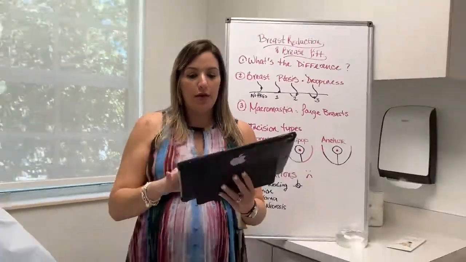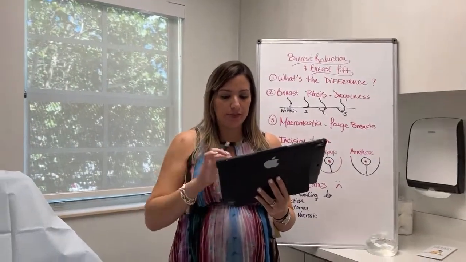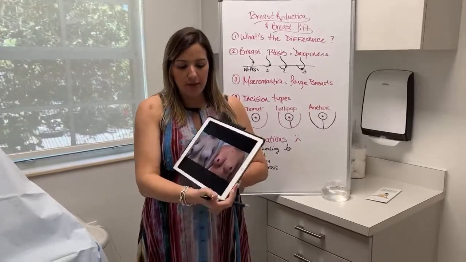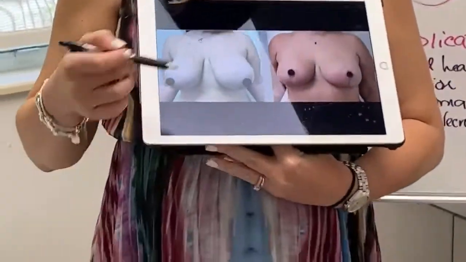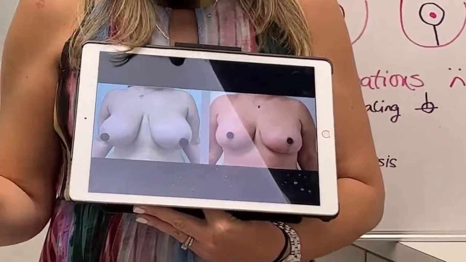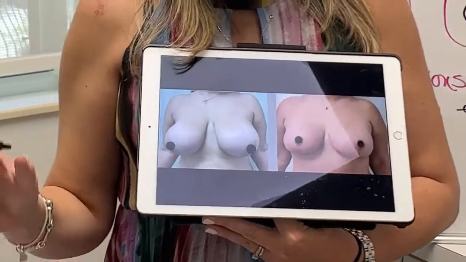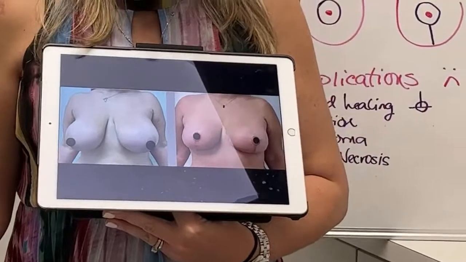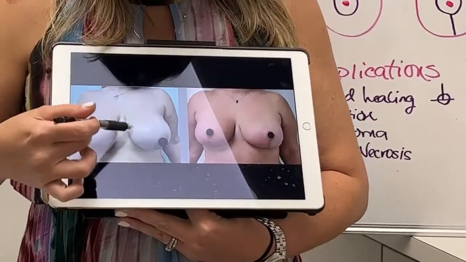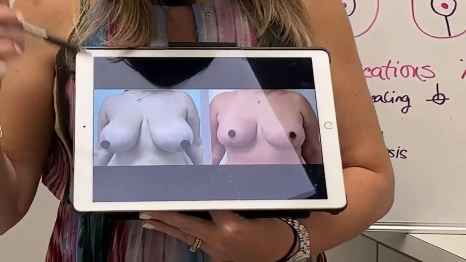Okay, the other one that I wanted to show you guys is this patient that had a breast reduction as well. Okay, very large breast. I always tell my patients breasts are sisters, not twins. Okay, so we are all asymmetric, and that's beautiful. Okay, this one, you can see that this patient had the left breast larger than the right.